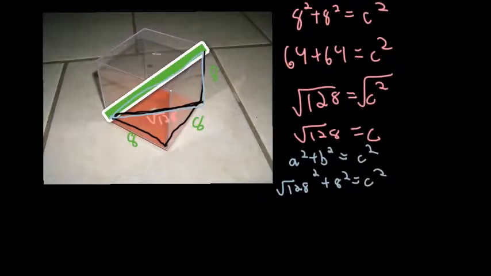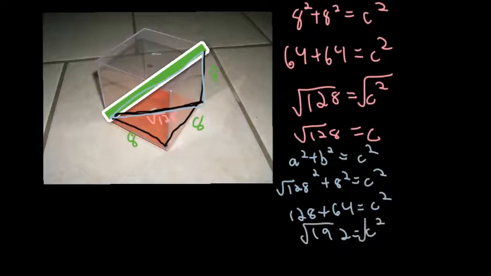Well, when you square root and square something, you just get that number. So I'm going to have 128 plus 8 squared is 64. That's equal to c squared. So now I can add those up. That's going to be 192 equals c squared.